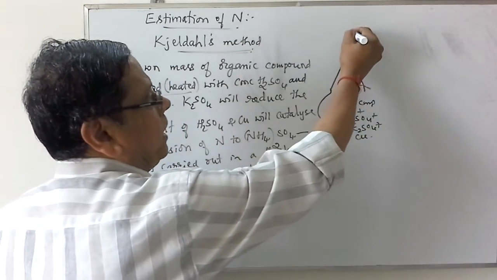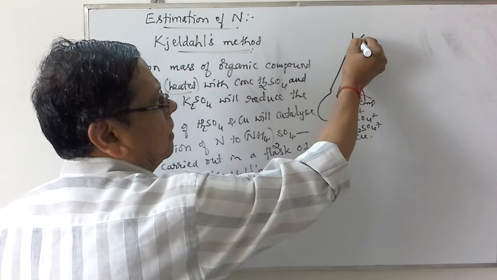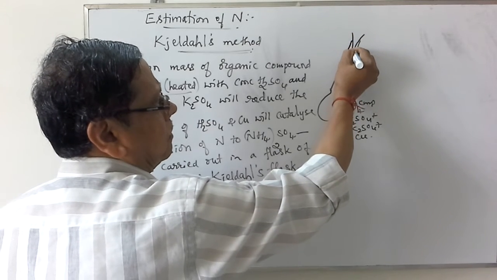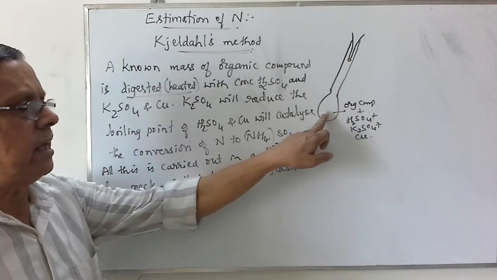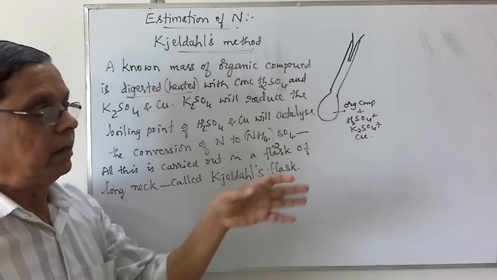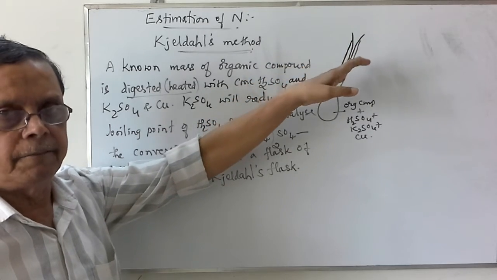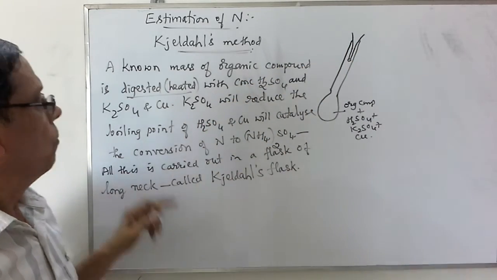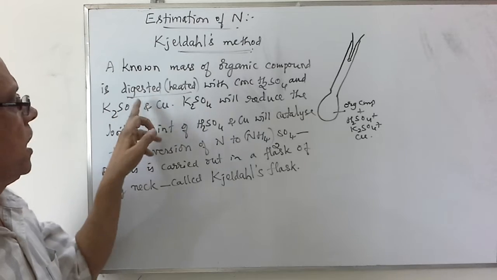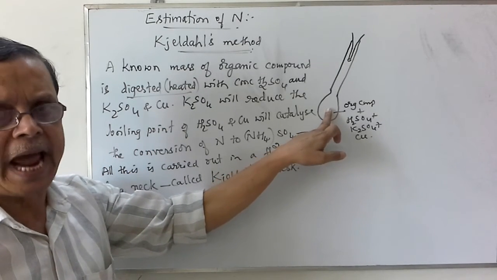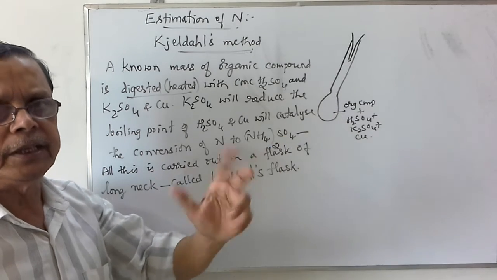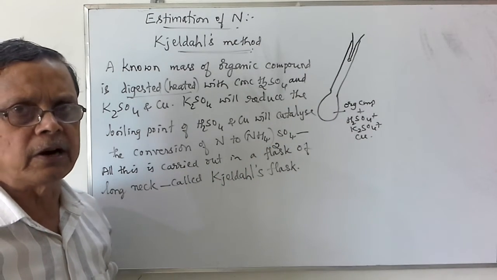Now we have to keep a funnel at the mouth so that whatever sulfuric acid is evaporated will not come out of the flask. It will remain in the flask. What we observe is when we start heating, slowly the solution inside will become black due to the formation of some intermediate compounds.